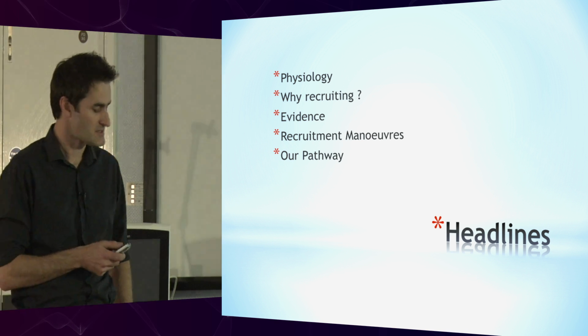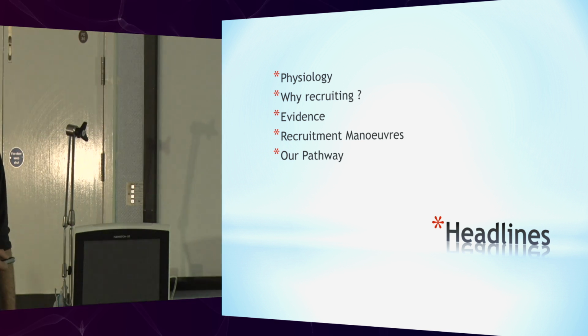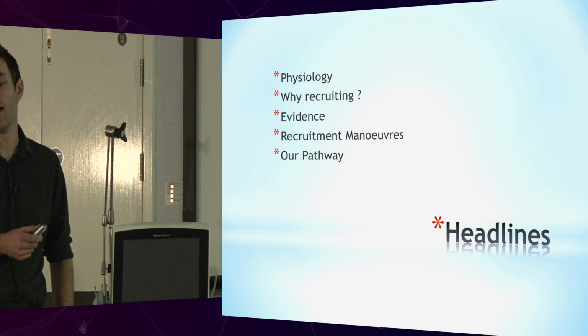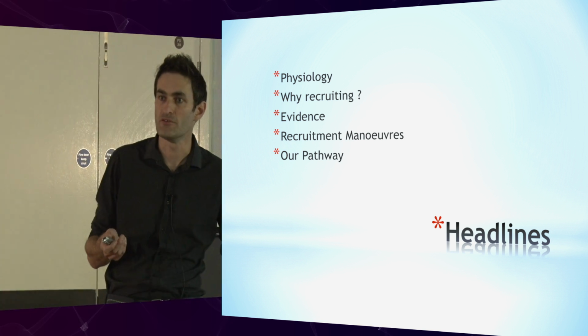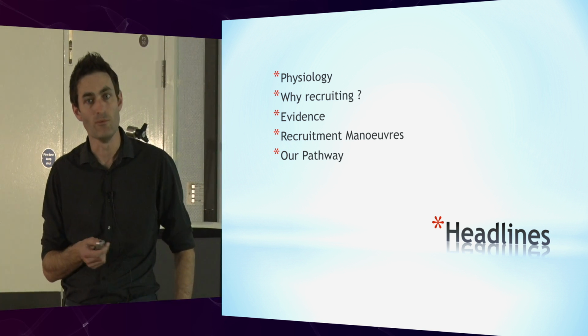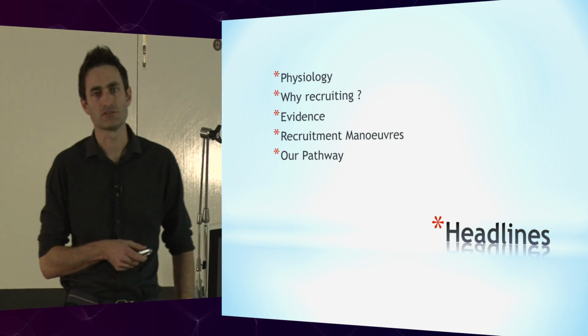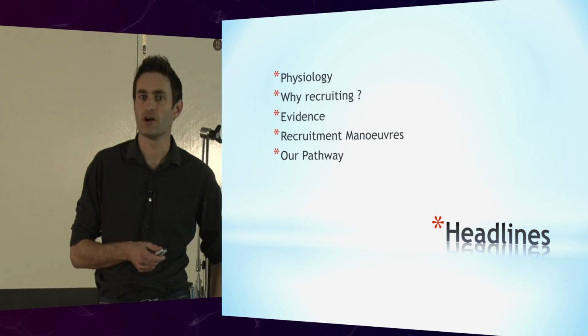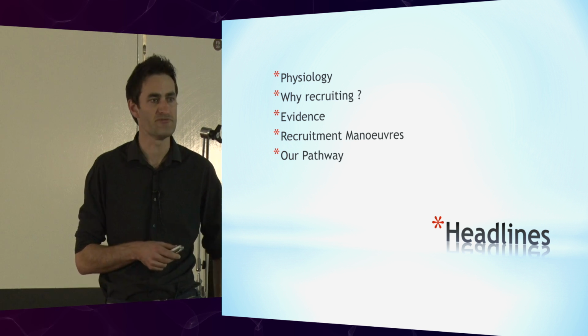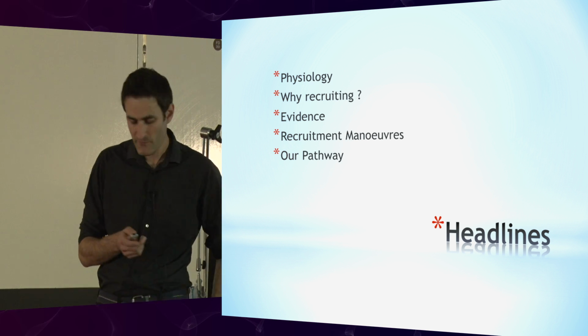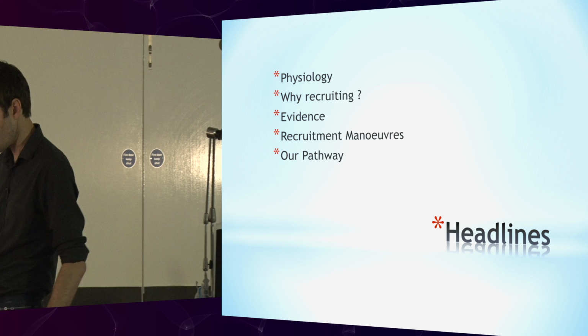The main part of the talk really is going to be talking about recruitment manoeuvres. Why we do them, how we do them, when we do them, etc. Gemma's already talked about our refractory hypoxia pathway. I'm going to mention it briefly at the end. And that's the broad outline of what we're going to talk about.